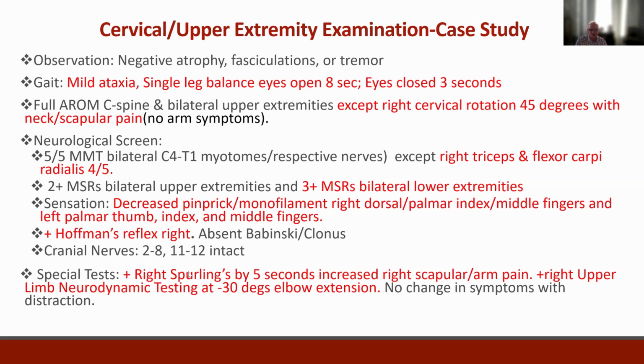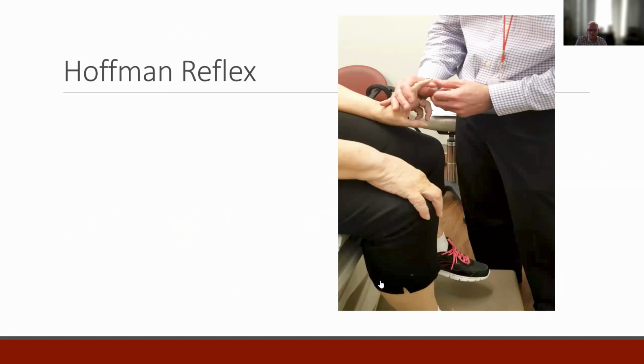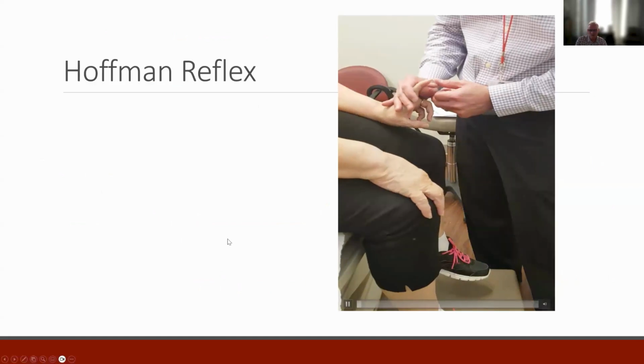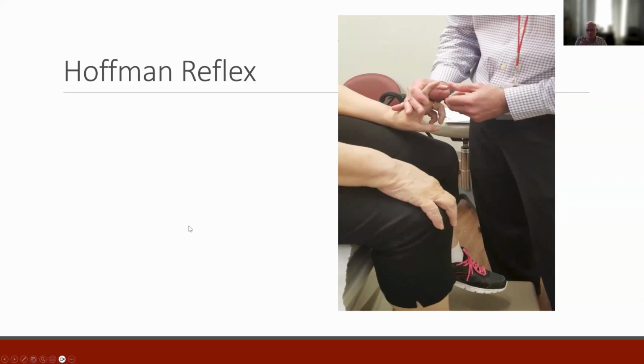In this case, the patient does have a positive Sperling's and positive neurodynamic, or neural tension, testing. So there's clearly a radicular component, but you also have to ask what's going on with this hyperreflexia. This is an example of looking at a Hoffman's, from a patient I had.